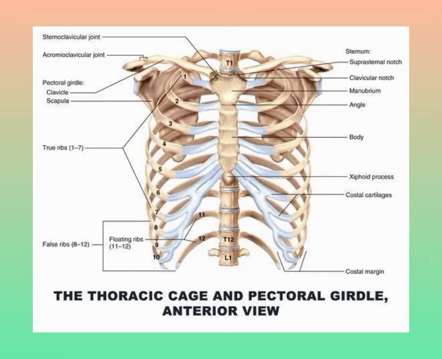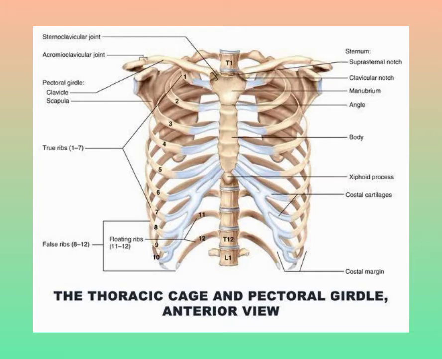Ribs 1 to 7 are thoracic ribs, also called vertebrosternal ribs or true ribs, and ribs 8 to 10 are also called false ribs, or vertebrochondral ribs. The third group is the floating ribs. These are ribs 11 and 12, T11 and T12, also called floating ribs.